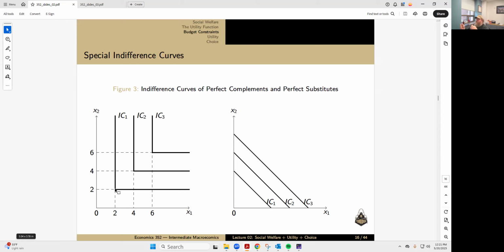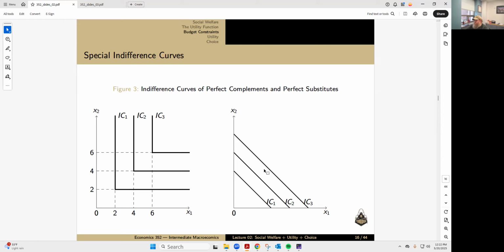Think right shoe, left shoe. Think computer monitor. They're sort of useless without the other. And so I can get, for example, a lot more computer monitors, but if I only have one computer, it doesn't necessarily mean much to me, or vice versa. And maybe that's a bad example because I'm sitting here looking at multiple monitors, but the right shoe, left shoe, I think is a really good example here.